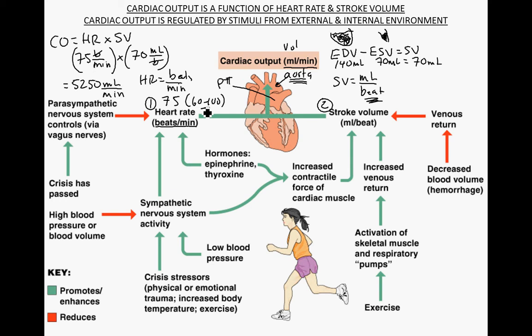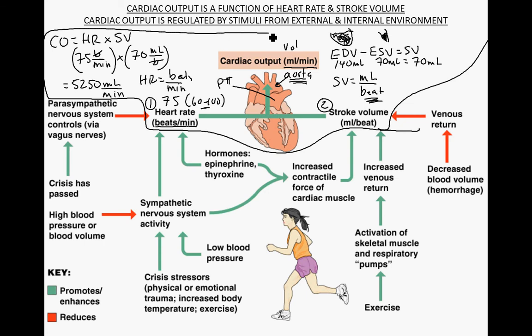So everything on the outside of that line are going to be factors that can affect cardiac output. Right? So I put a box around all the cardiac output definition and description there. So everything outside of that box will affect that cardiac output, either by affecting the heart rate and or by affecting the stroke volume. Right?